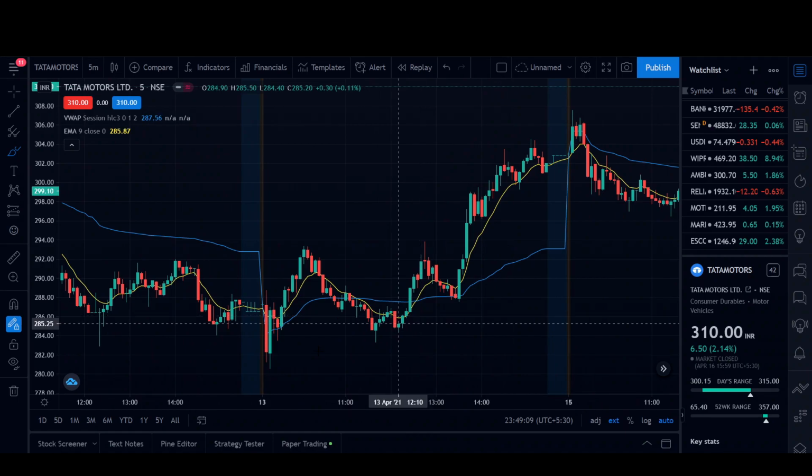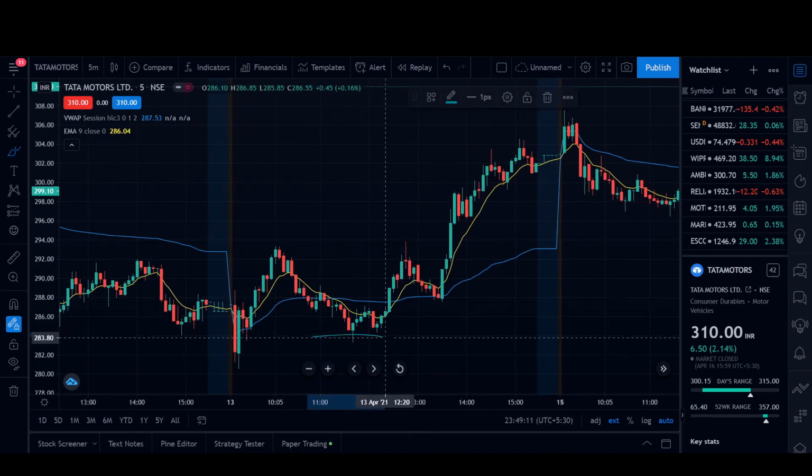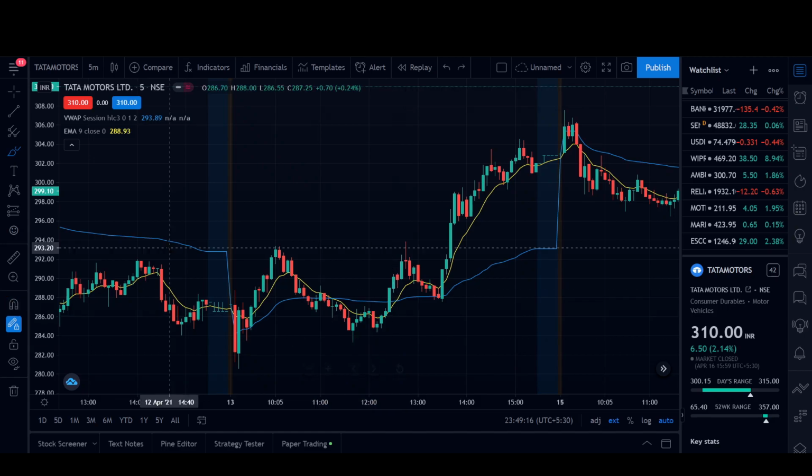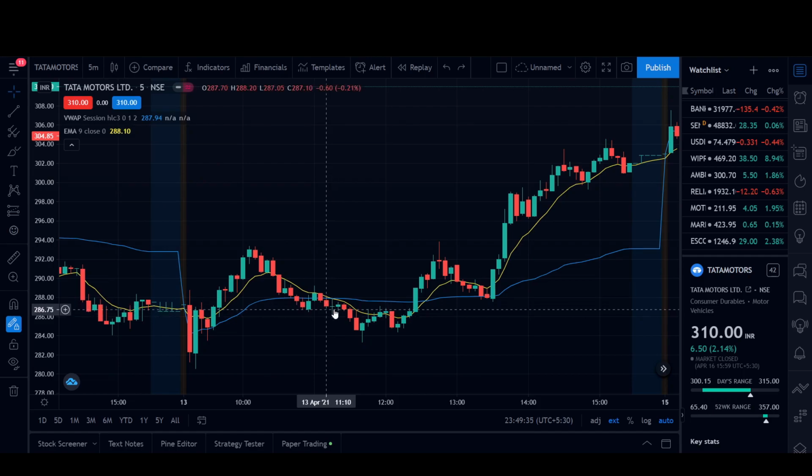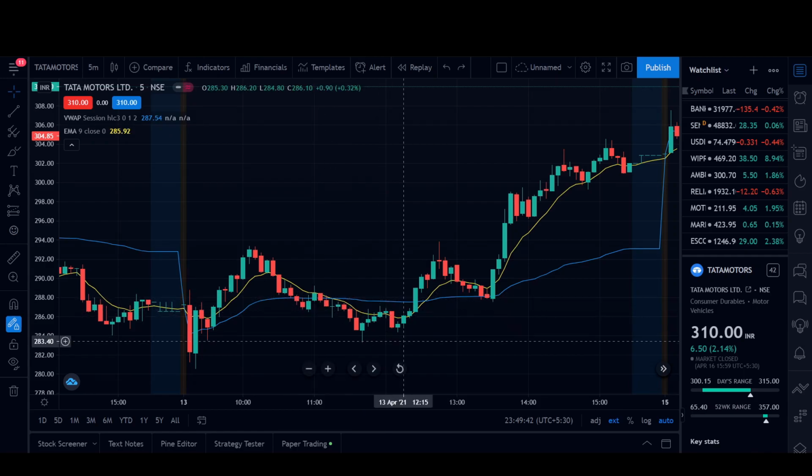Let's say right here we see that Tata Motors has broken the VWAP and formed a full candlestick just below the VWAP, and a second, a doji candlestick, which is a very big confirmation that the market is going to take a bearish trend, as we see here.